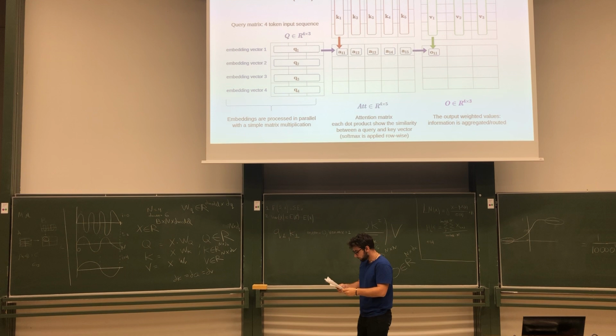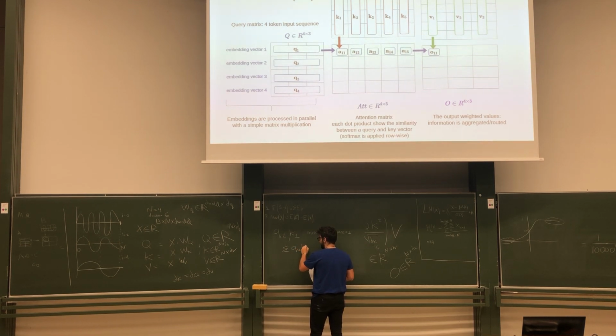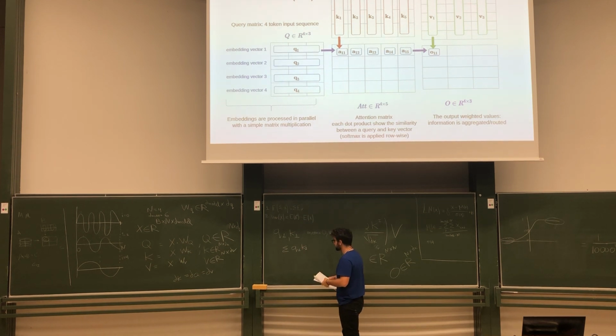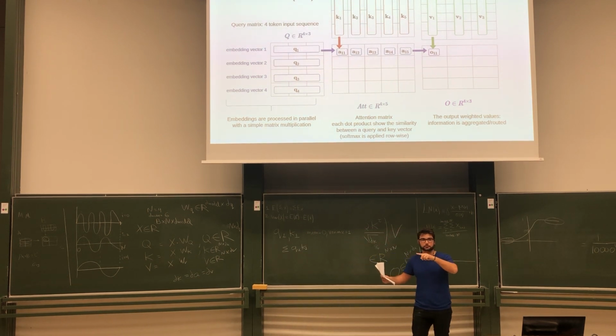So assuming that, we can see that when we take the product, this is the thing that is problematic and gets unstable, this inner product. So we divide by dk.